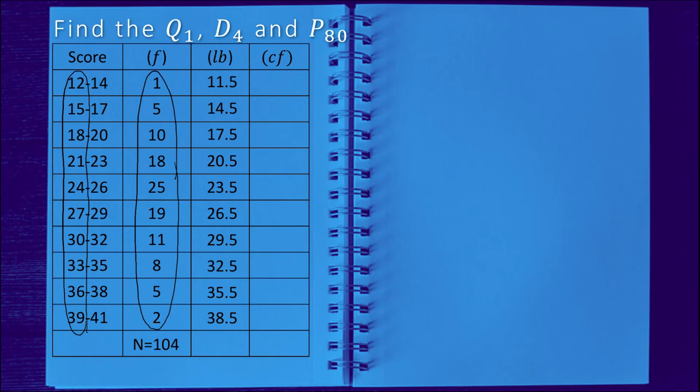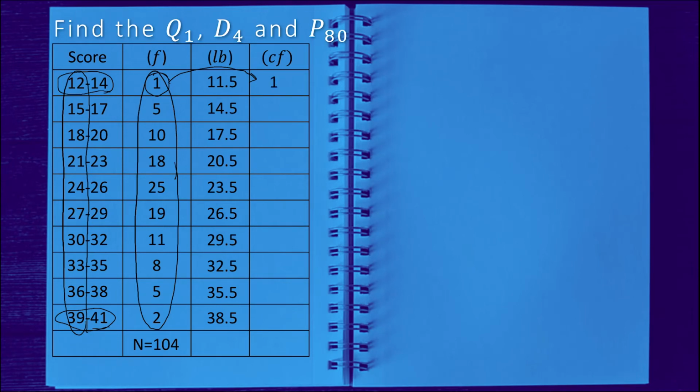Then, si cumulative frequency naman. Tingnan natin yung pinakamababang score na meron tayo. We have 12 to 14, sa baba naman is 39 to 41. Since ang pinakamababa natin na score is 12 to 14, dun po tayo magsisimula again. Sa frequency, that is 1.